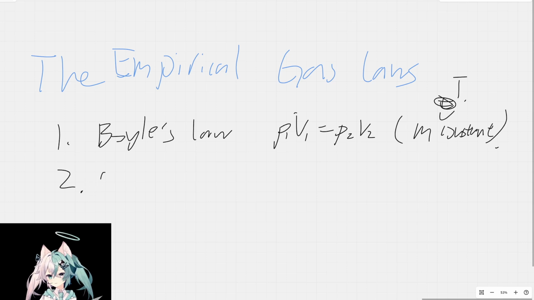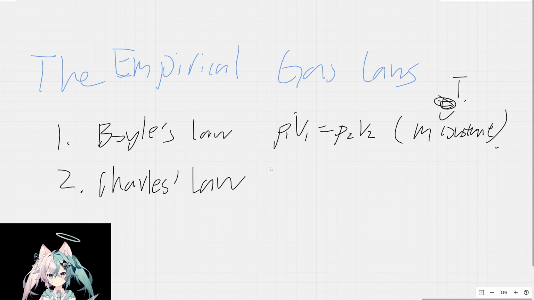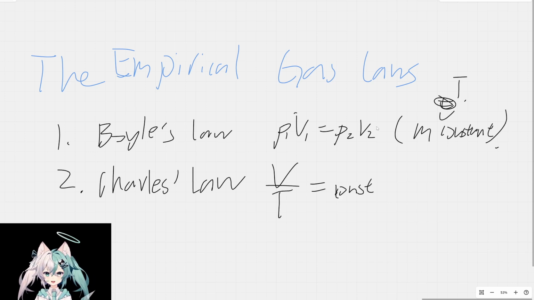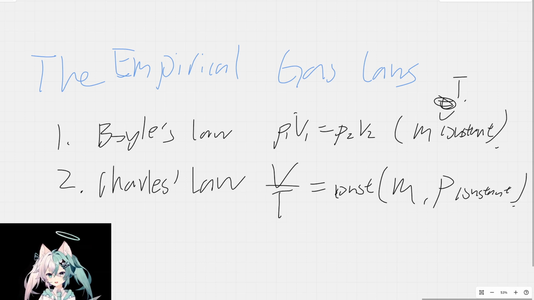And we also have Charles' law. We have V over T as constant, or you can say V1 over T1 is constant, which also needs the mass to be constant, and we need the pressure to be constant in this case. And the third law that we need to know is the pressure law.